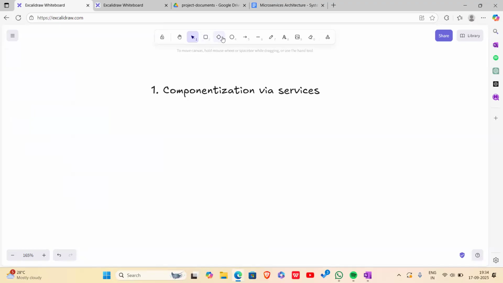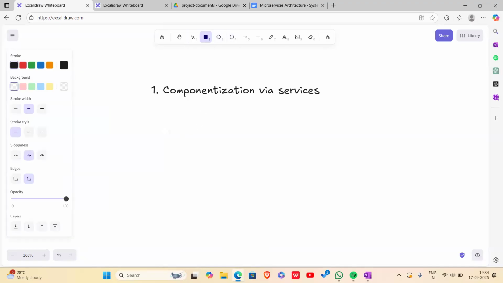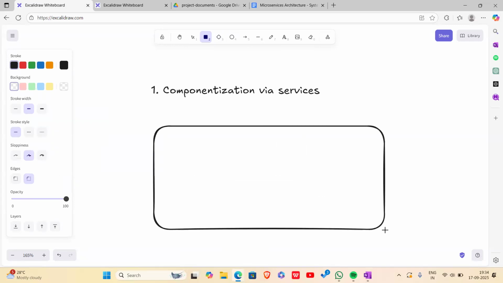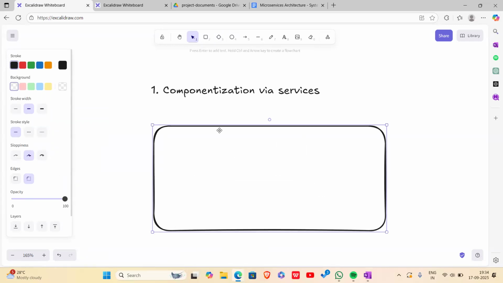So componentization means nothing but having a microservice. So this is our entire code. We are going to have something.